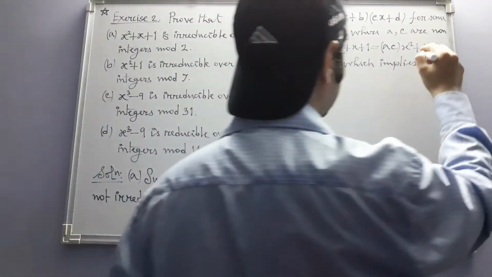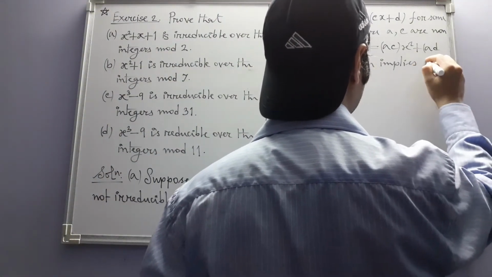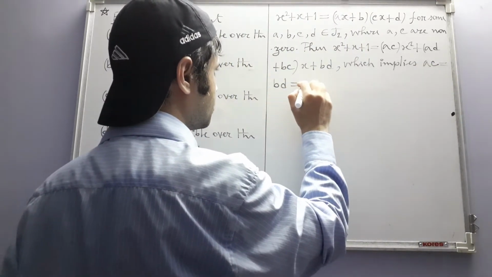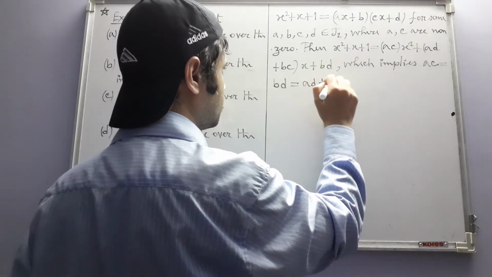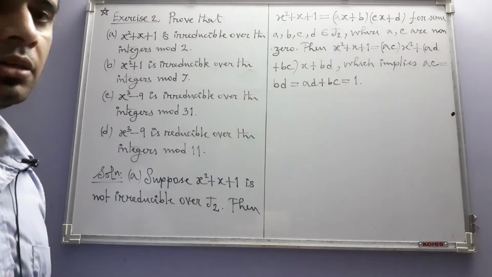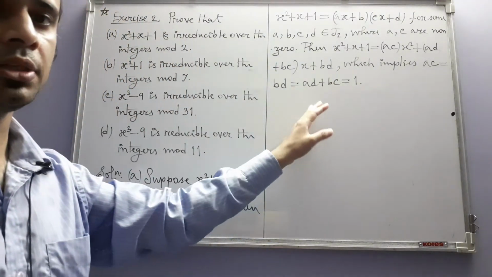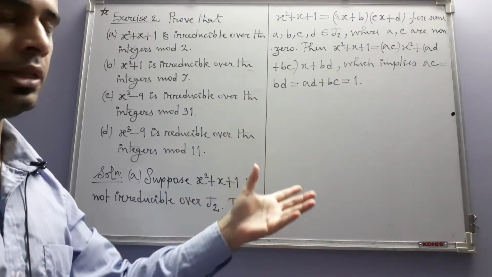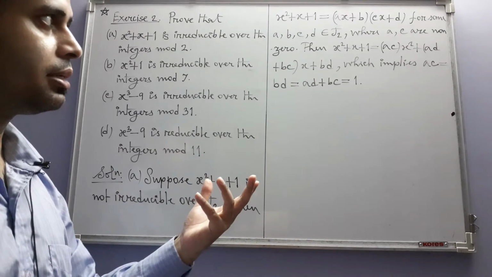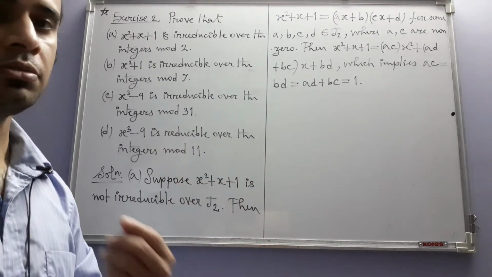So ac is equal to bd is equal to ad plus bc is equal to 1. By the way, why do we equate coefficients when we have 2 polynomials equal? That's because that is the definition of equality of 2 polynomials. 2 polynomials are equal only when the corresponding coefficients are equal.